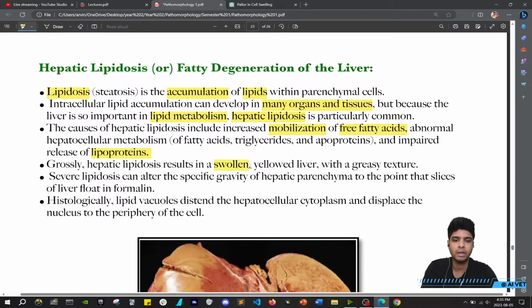Grossly they look like a swollen yellow liver with a greasy texture. Okay.